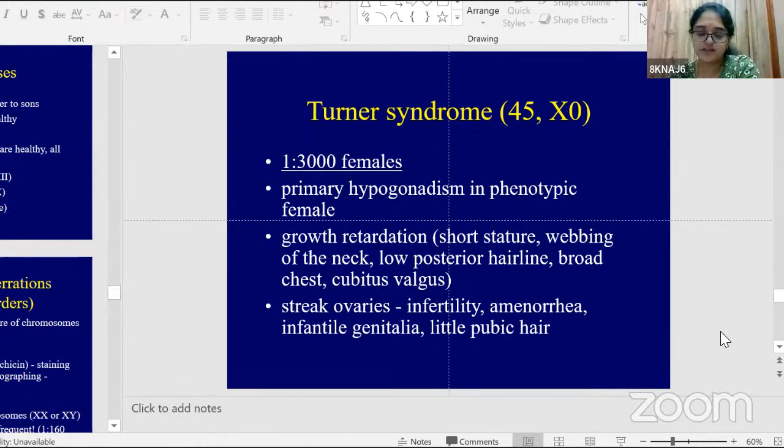So these consequences are irreversible, and this leads to other consequences such as neurological disabilities and mental retardation.